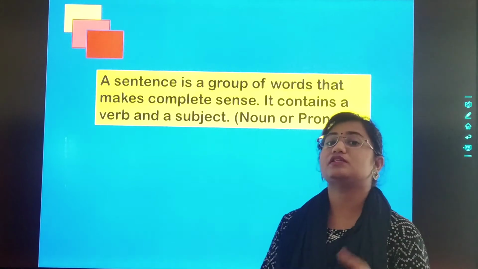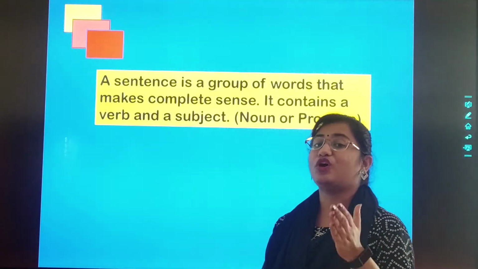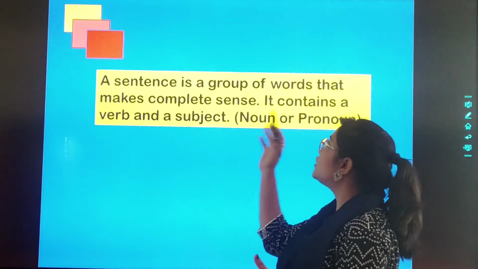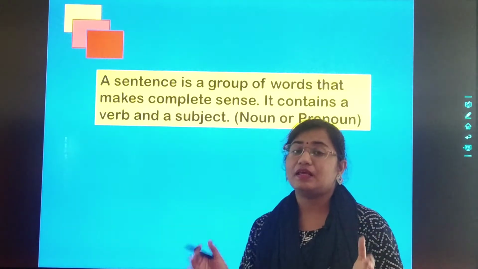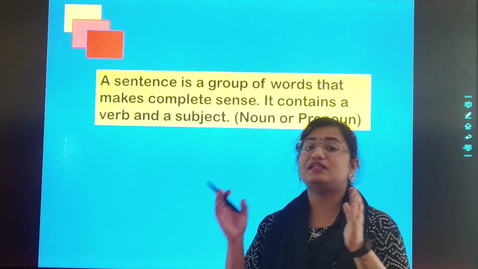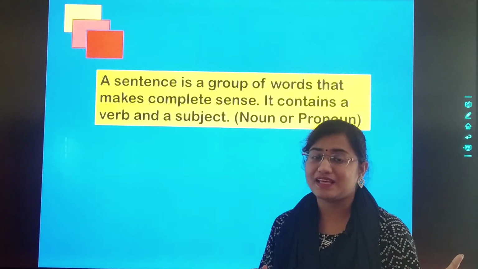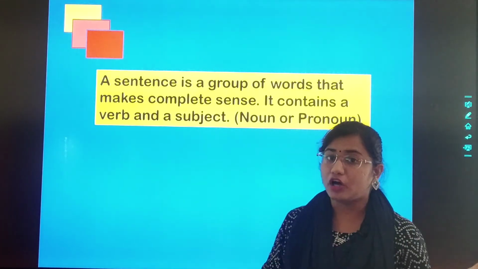Dear children, let us first recall the definition of a sentence, what exactly a sentence is. A sentence is a group of words that makes complete sense, meaning each and every word is in a systematic order and it makes some sense. It gives you some meaning, some idea or some thought.